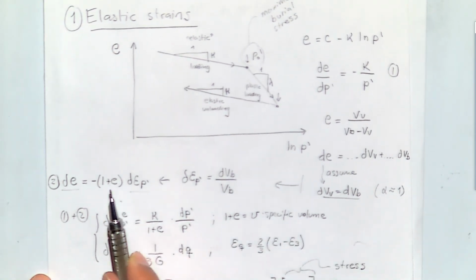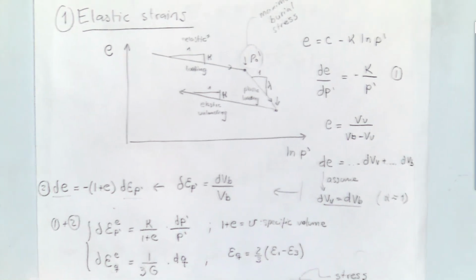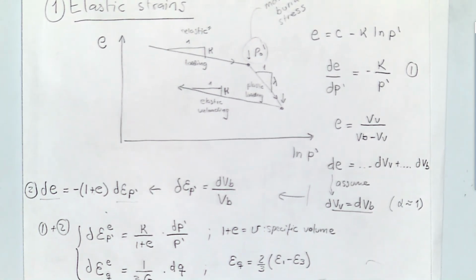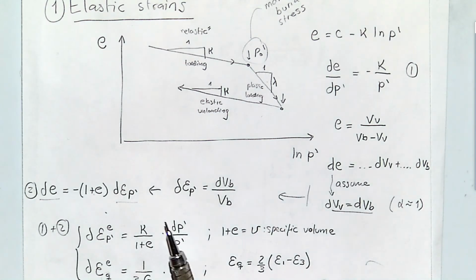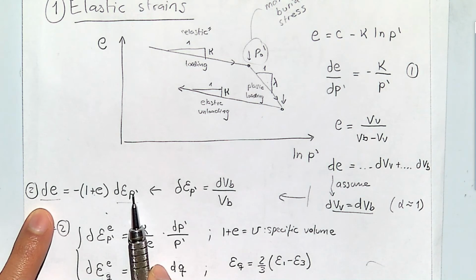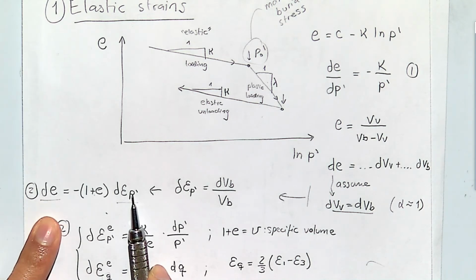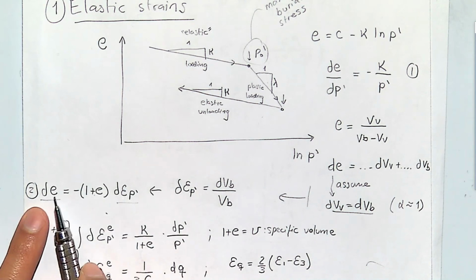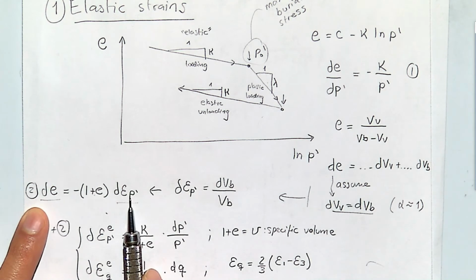This one? Yeah. This one is just by taking derivatives. Right. What is the derivative of this one with respect to void ratio? Or you could say, what is the derivative of void ratio with respect to elastic plastic strain?